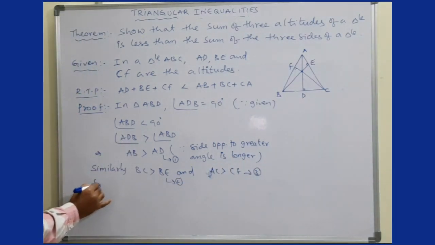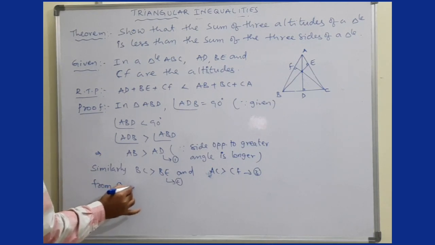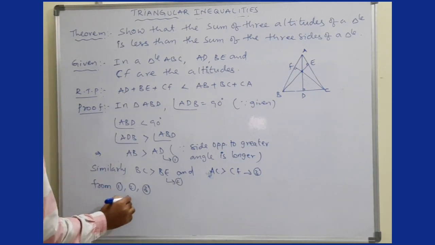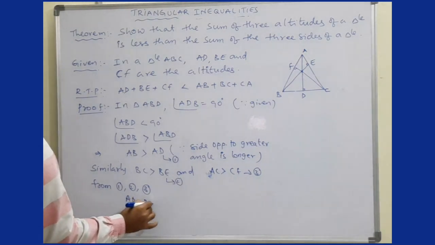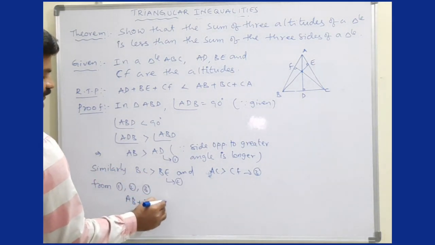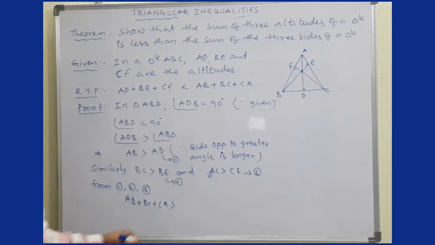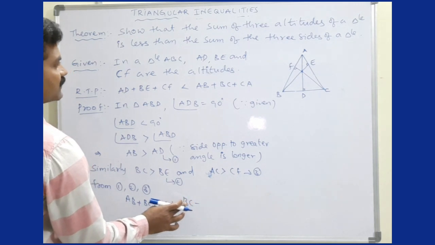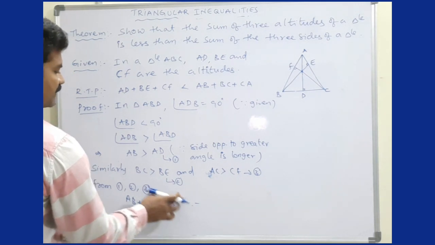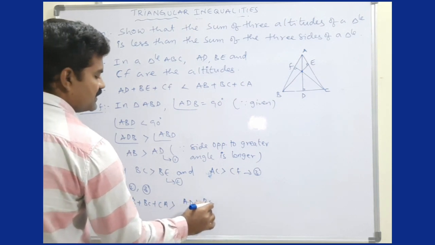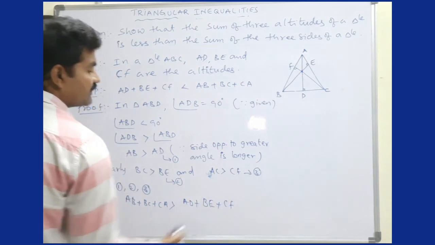From 1, 2, 3, clearly, if you add all the left side parts, AB plus BC plus CA is greater than AD plus BE plus CF.